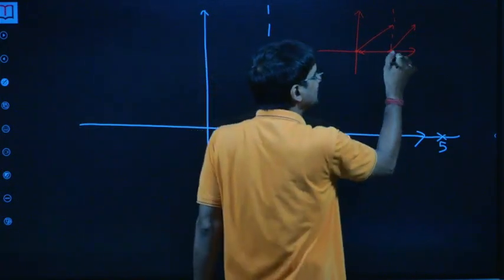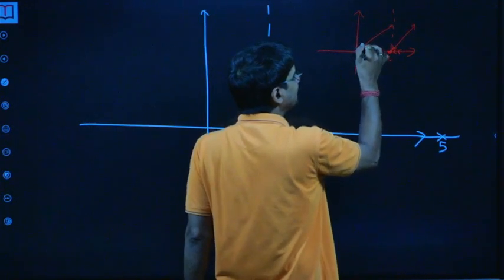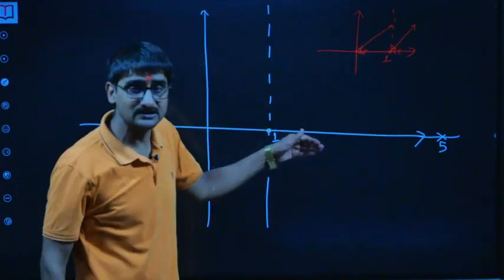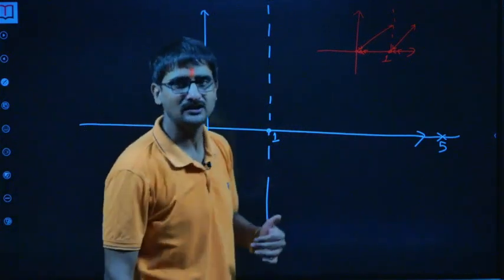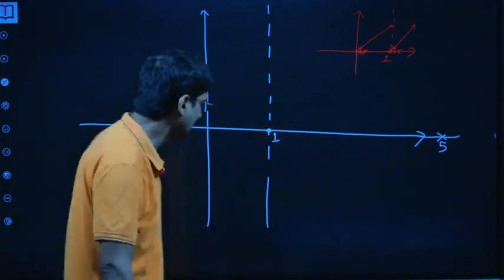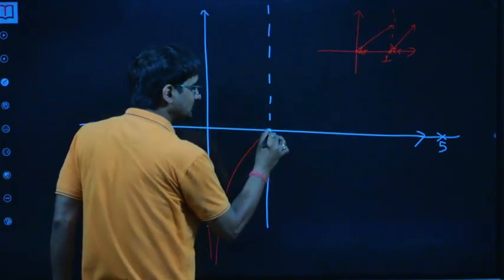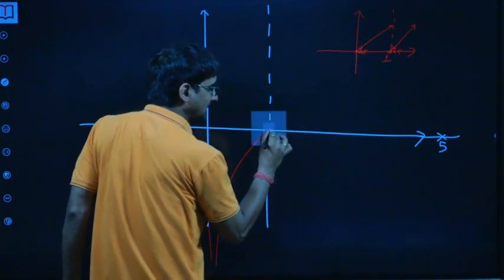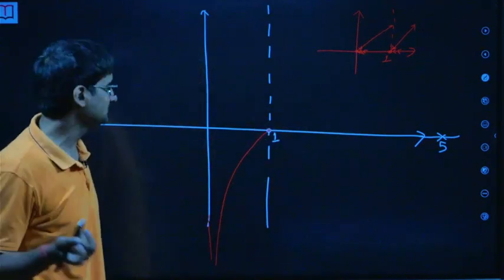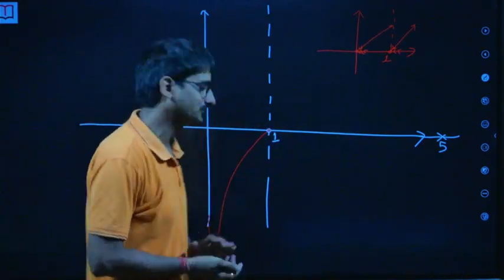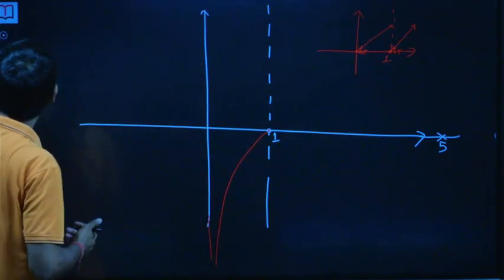If you are approaching integer 1 from the right side, it's going to 0. So as it approaches 0 from the right side, the fractional part of x goes to 0, and ln of 0 goes to minus infinity. So the curve will start somewhere from here, and it will go to this point, and at 1 it has to be 0. Why so? Because when x is an integer, the value of f(x) is 0.